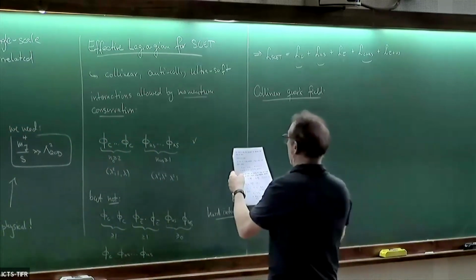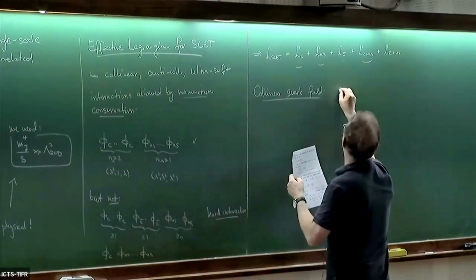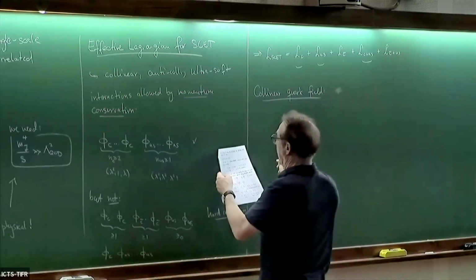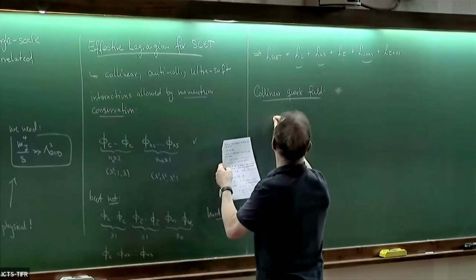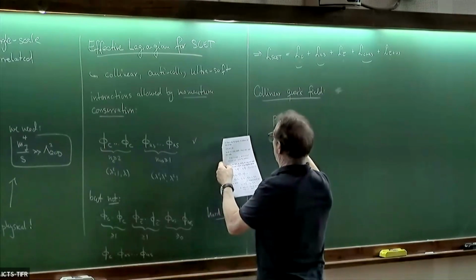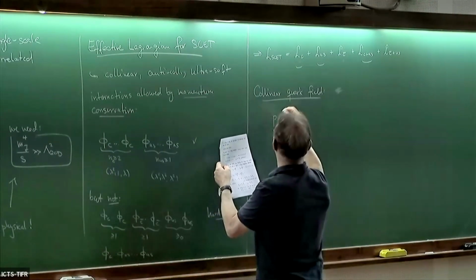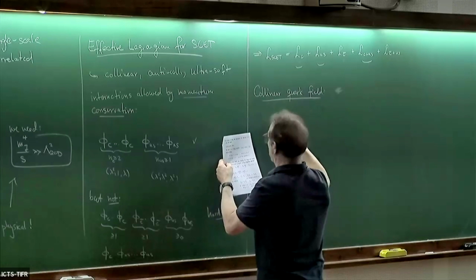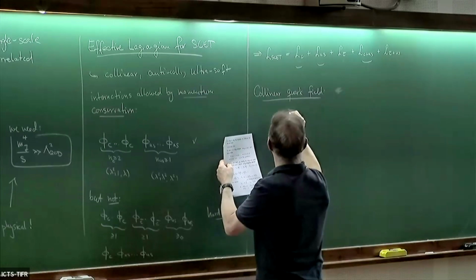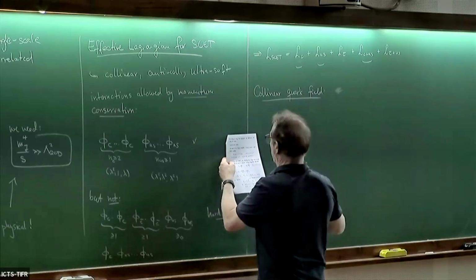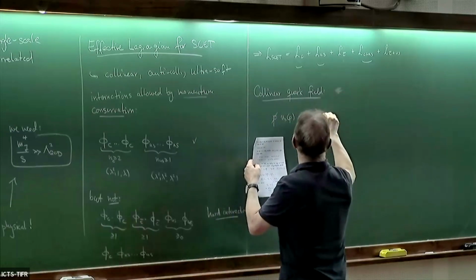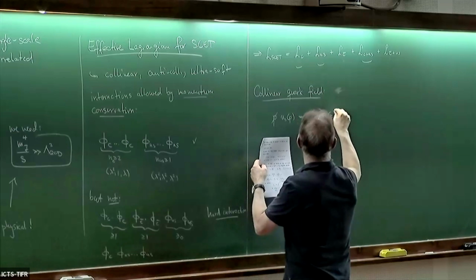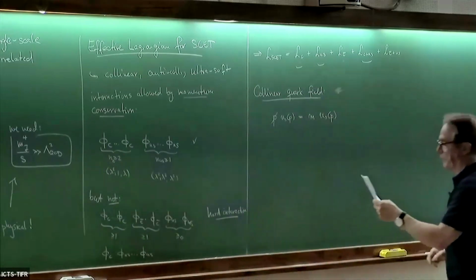So an on-shell spinor of a quark satisfies P slash u equal to M times the spinor.